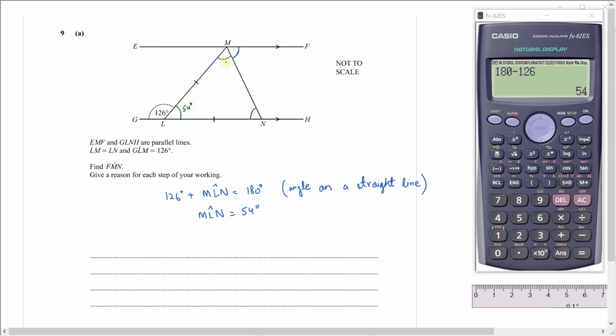Now we can say that angle LNM equals angle LMN because these are angles in an isosceles triangle.